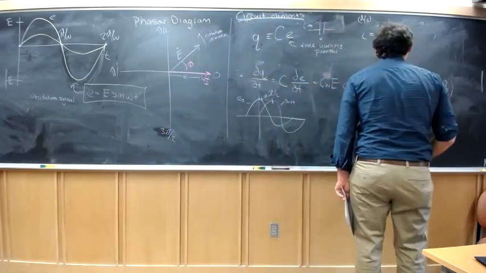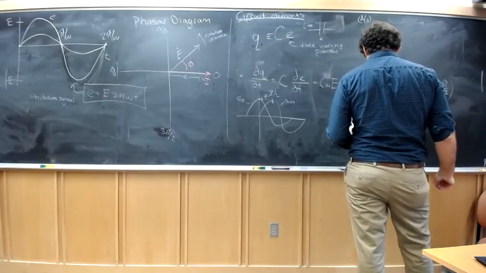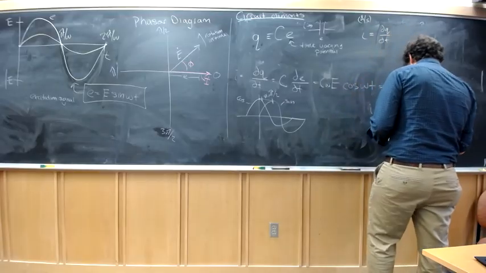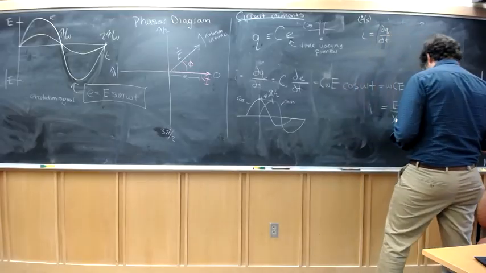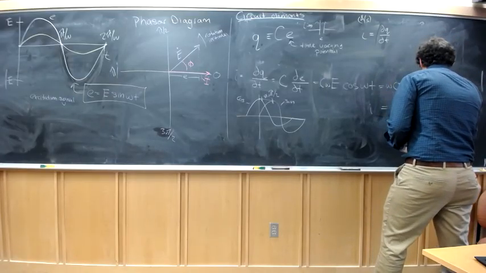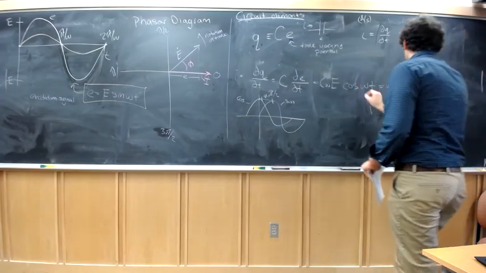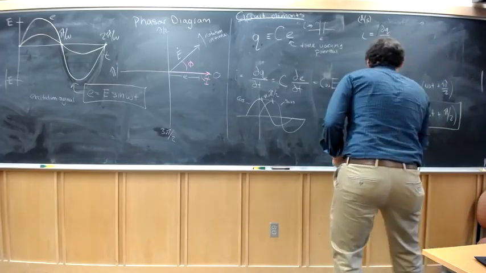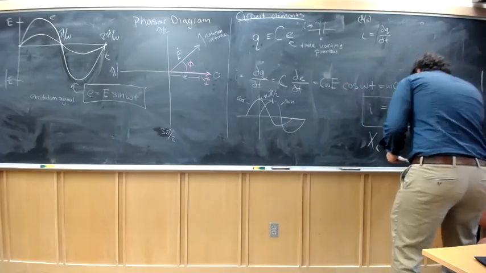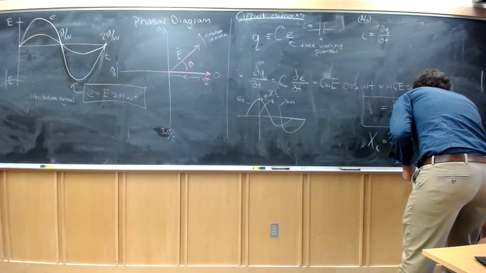And we can further define something called the capacitive reactance, and write this, I equals E over XC, sine omega t plus pi over 2. Okay? Where XC is the capacitive reactance.